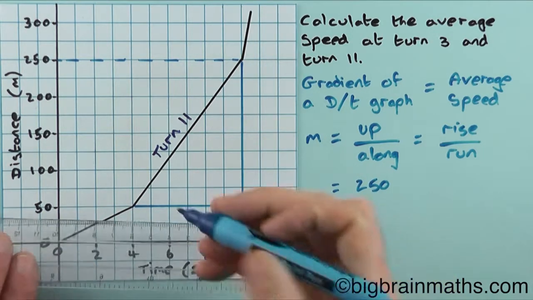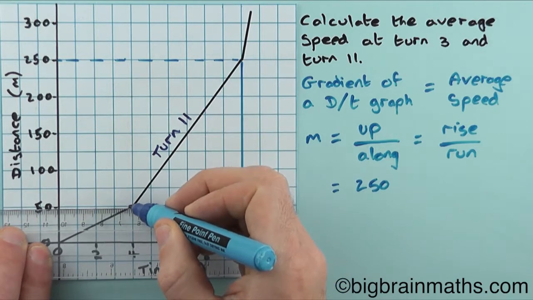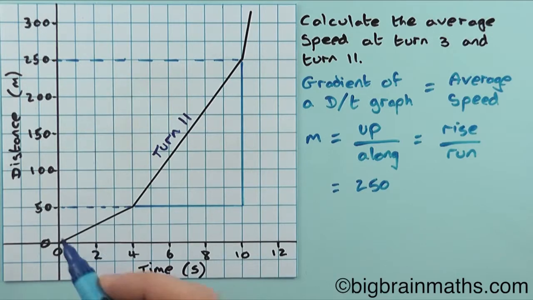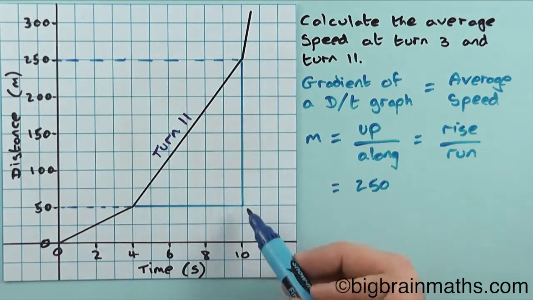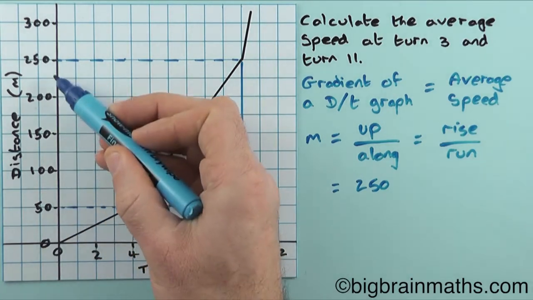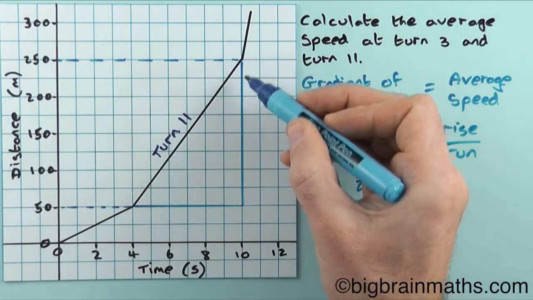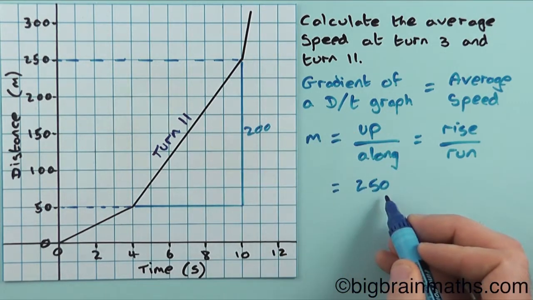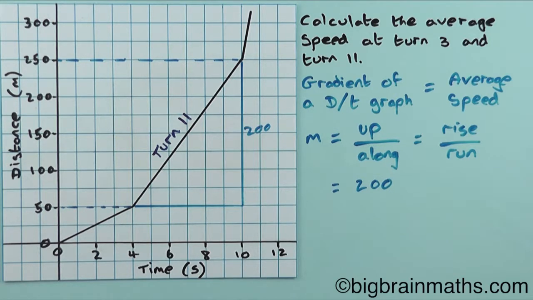So I also need to draw a dotted line from this point here at the bottom of the triangle across until it meets the y-axis, which is at 50. And then I can calculate the up distance of the triangle, which is the difference between these two numbers. So if we started at 50 and we went up to 250, then the up distance of the triangle was 200, not 250. So make sure that you don't make that common mistake that a lot of students make.